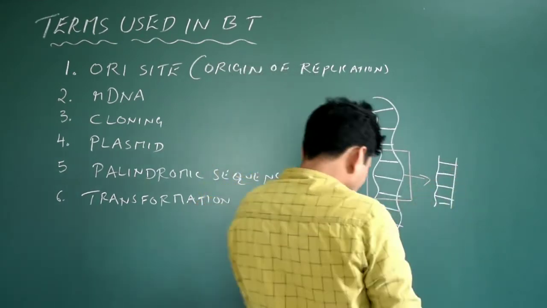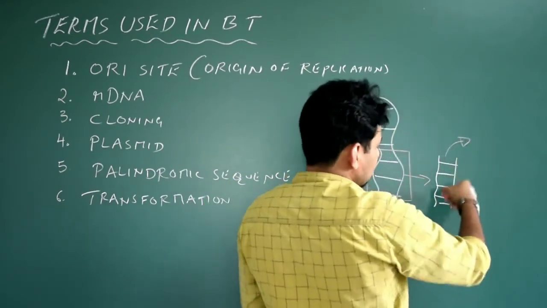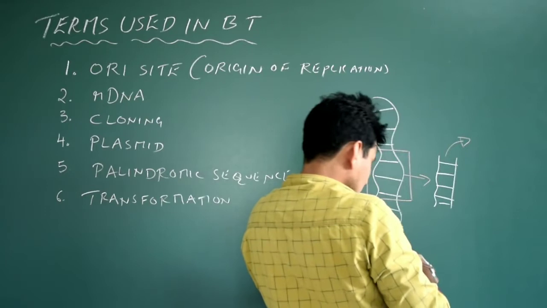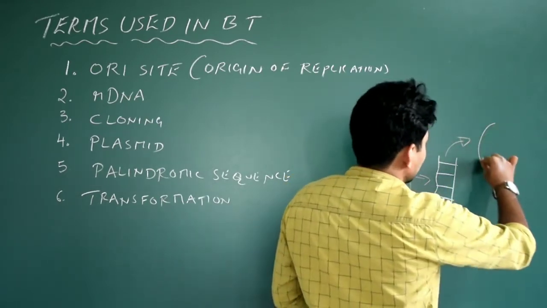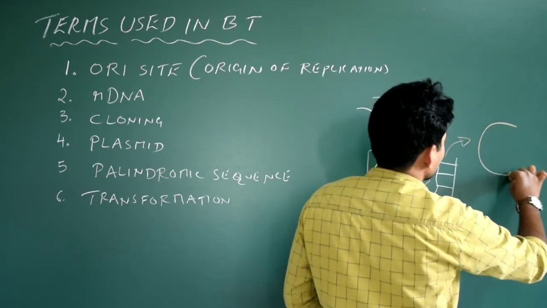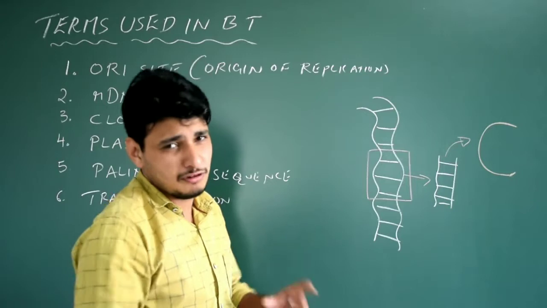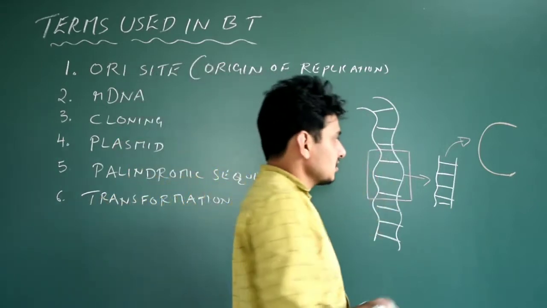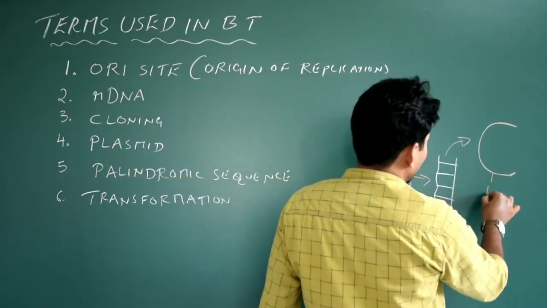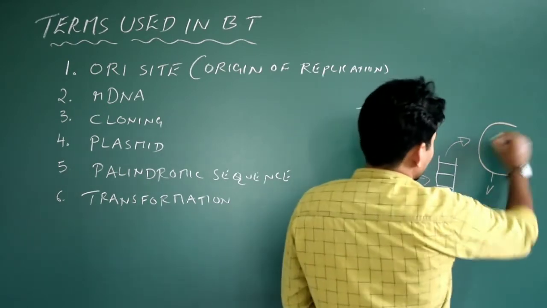Okay, and now what I'm going to do is attach or insert this piece of DNA into another organism's DNA that acts like a potential vector. That could be a plasmid, cosmid or Ti plasmid, whatever types of vectors you have studied in the previous session. So this is now the vector. And now I am going to insert this particular DNA.